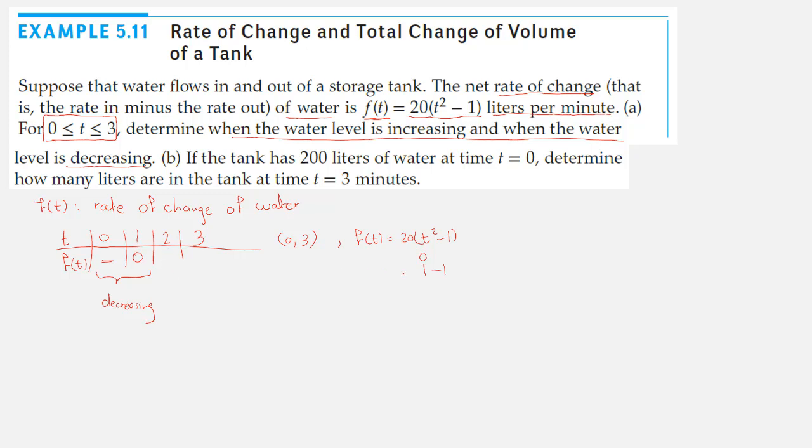If we substitute with 2, 2 squared minus 1 is 3, which gives us 60, which is positive, and then 3, substitute with 3 squared minus 1, it gives us 8, and 8 multiplied by 20 gives a positive number. So in this interval it is increasing.